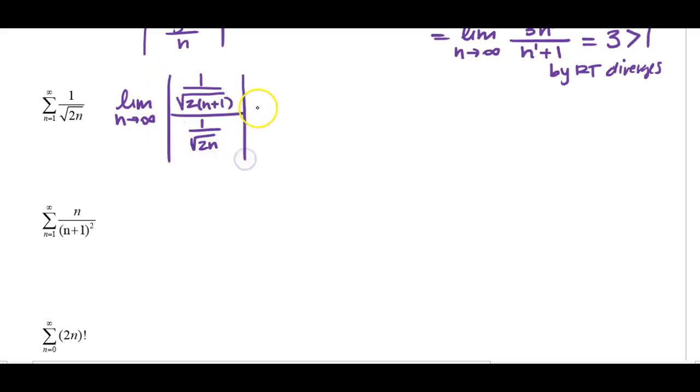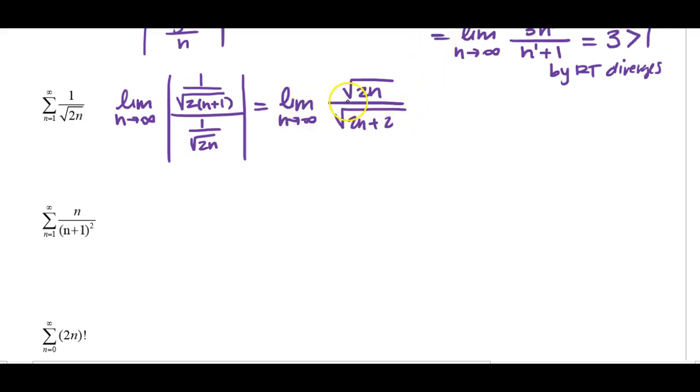And we have absolute value bars around that quantity, which equals the limit as n approaches infinity. So when I multiply by the reciprocal here, this radical 2n is going to move to the top. And on the bottom, I have radical 2n plus 2. So I distributed that 2 inside.